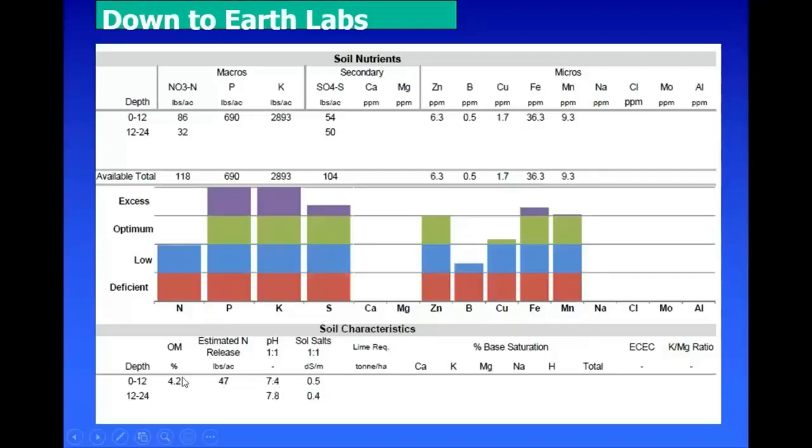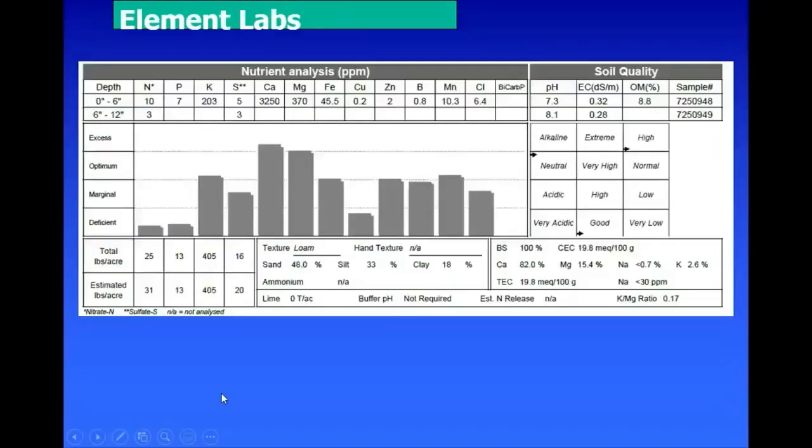Organic matter is 4.2, and I should have mentioned on the last slide, but most labs will, based on organic matter, give you an estimated nitrogen base as well, which is useful at times. So they're just in a different field, farmed by the same farmer, with very different soil test results. And as a result, you're going to develop very different fertilizer recommendations for one field versus another.